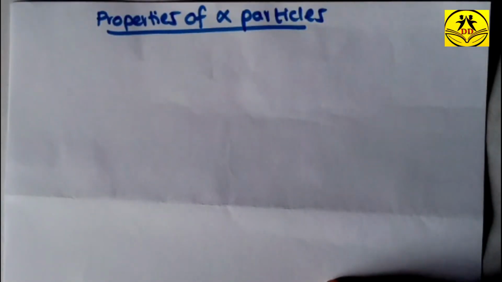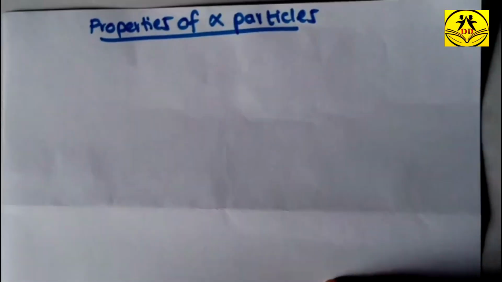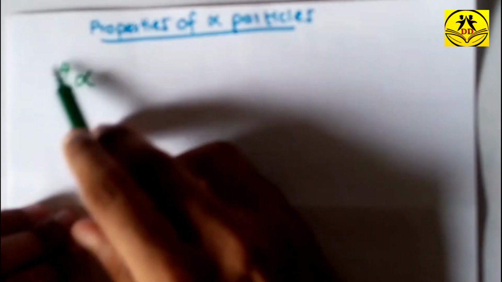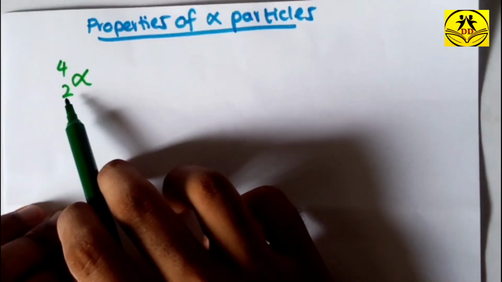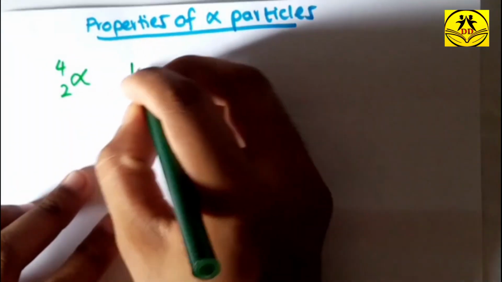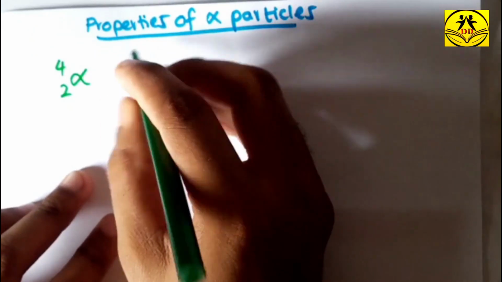First, we will talk about the properties of alpha particles. An alpha particle can be denoted by 2 protons and 2 neutrons. Its atomic number is 2 and its mass number is 4. It can also be denoted by a helium nucleus.